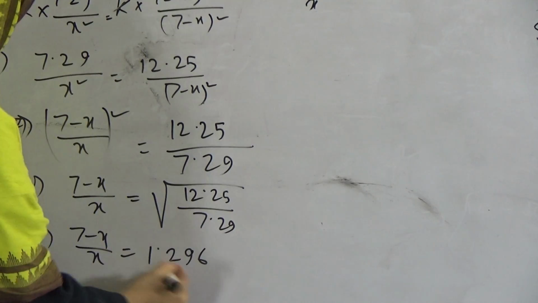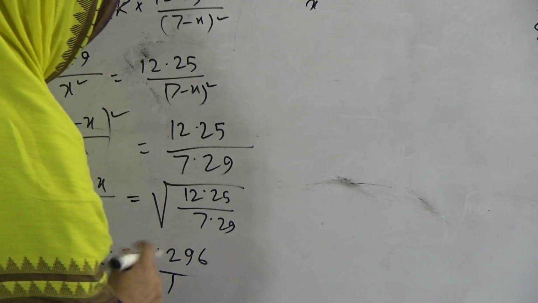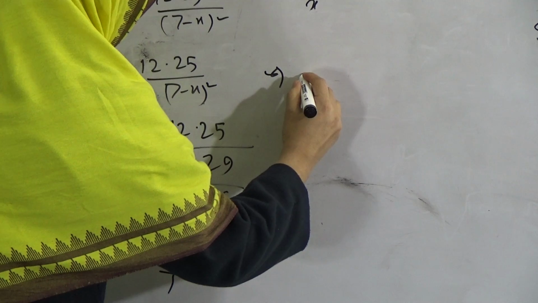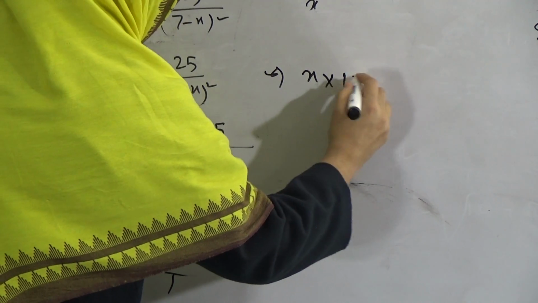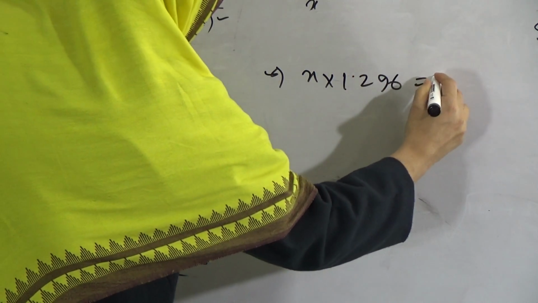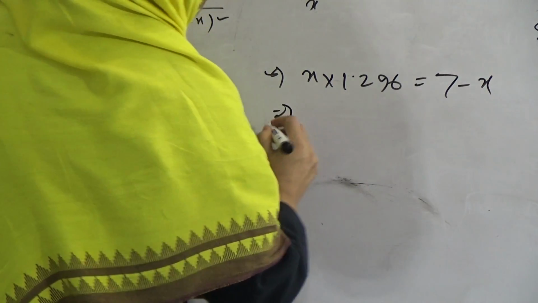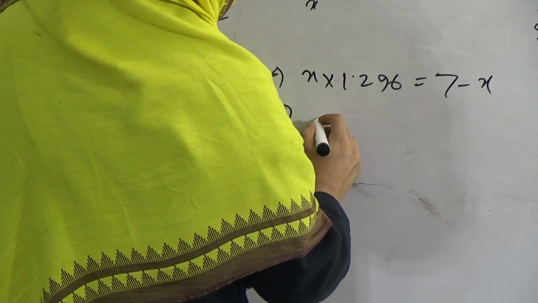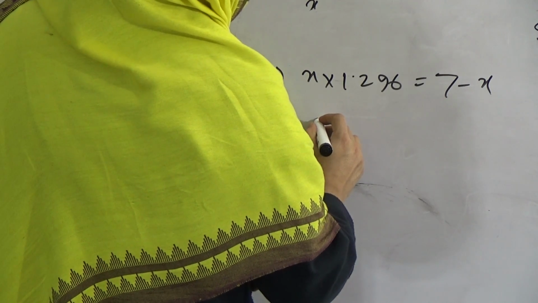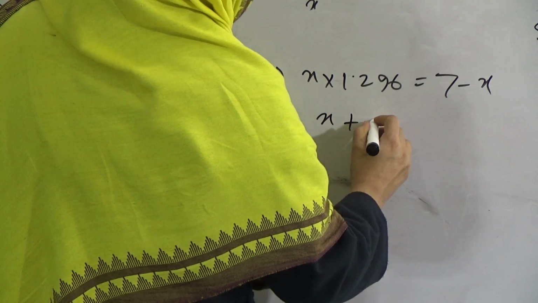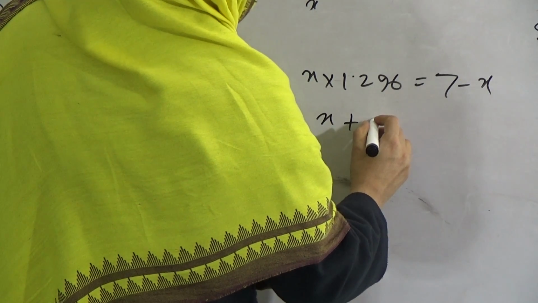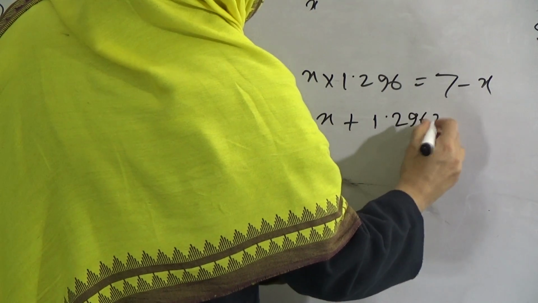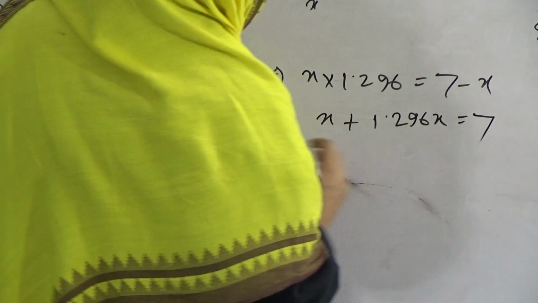So x into 1.296 equals 7 minus x. So x plus 1.296x equals 7.